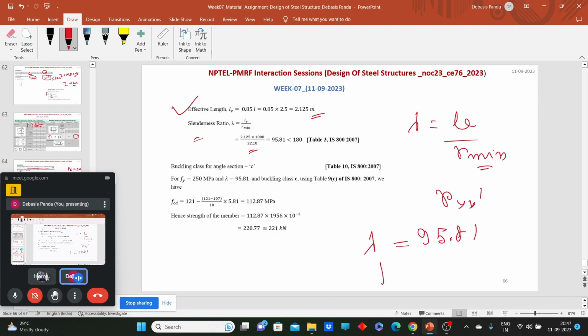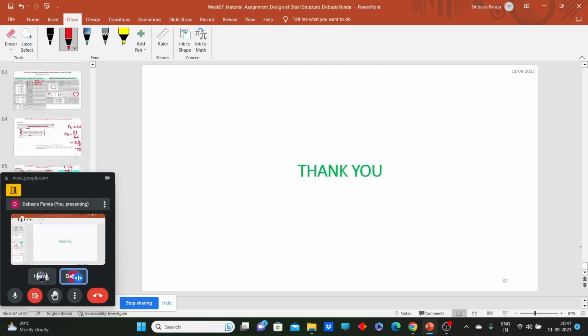We have Fy equal to 250 MPa. Now we have buckling class C. Go to table 9C and look for the value of FCD. For lambda 95.81 there is no direct value, so we need to do linear interpolation.